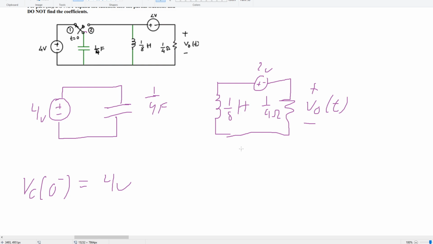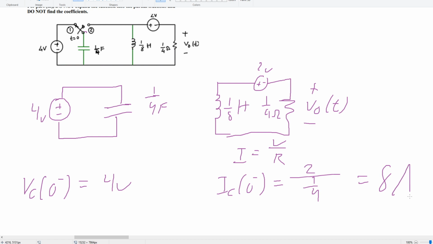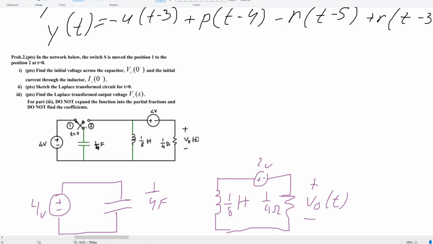We use I equals V over R. So IL(0-) is equal to the voltage, which is 2, over the resistance, 1/4. So this is equal to a whopping 8 amps. All right, so we find VC(0-) and IL(0-). Very, very simple, and you could get a lot of credit for that.